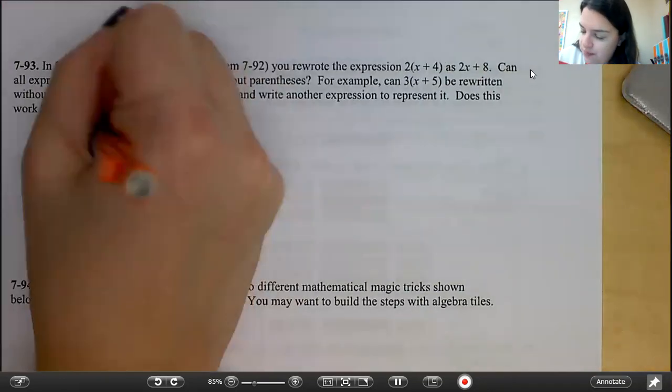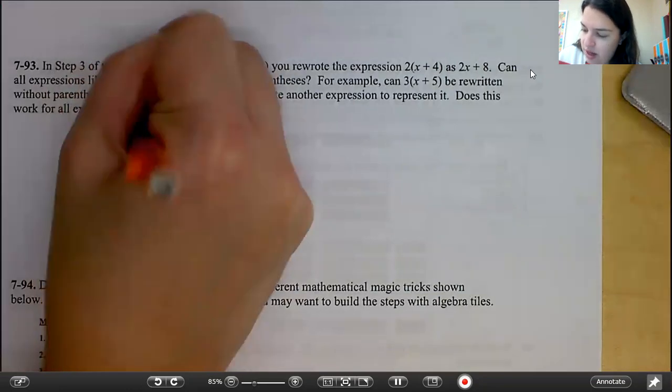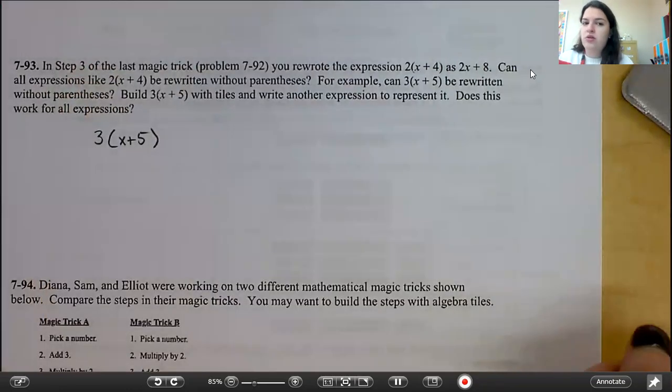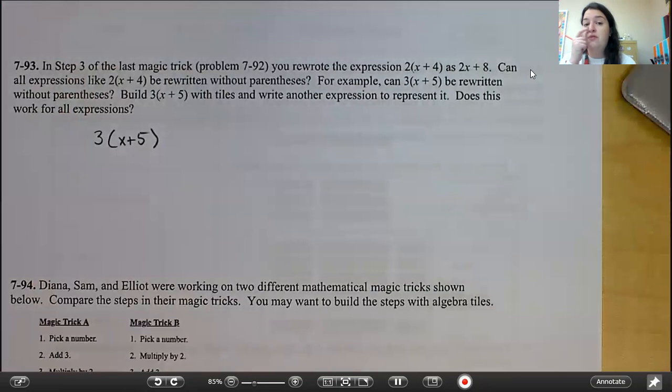So we have 3 times the quantity of x plus 5. So go ahead and try to build this with algebra tiles. If you don't have algebra tiles, you can always draw them. Okay, if you're back with me, you've built it and tried to answer it.